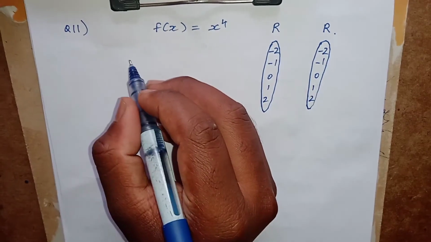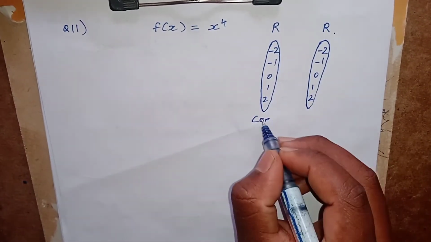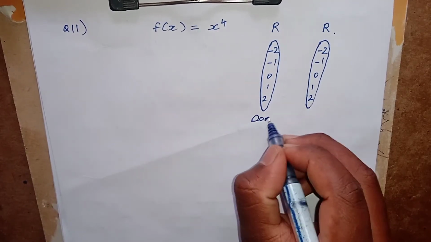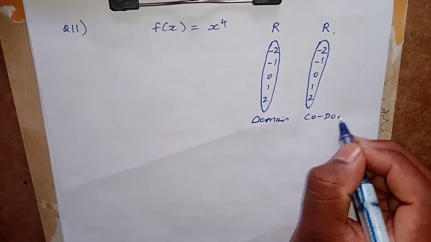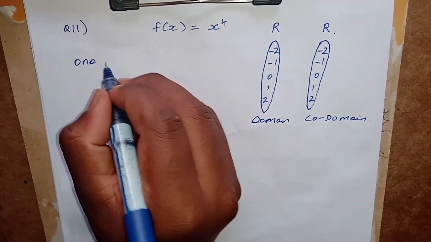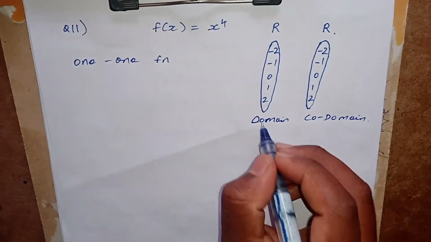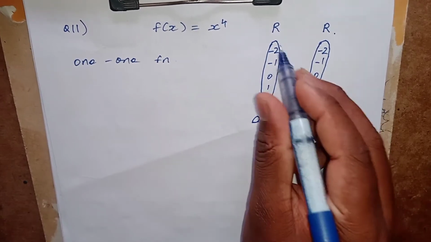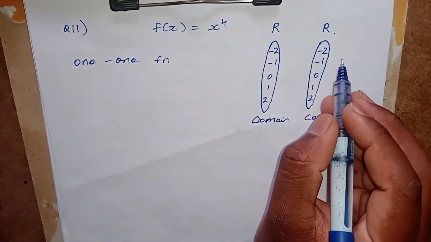For a one mark question you can check the domain and codomain. For one-one function, every element in the domain should be filled with only one to one.